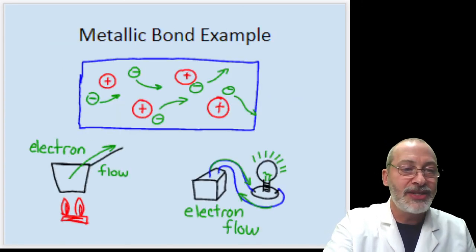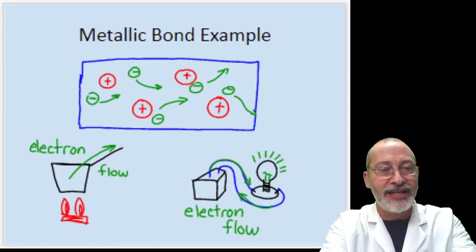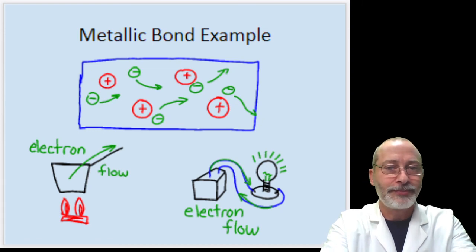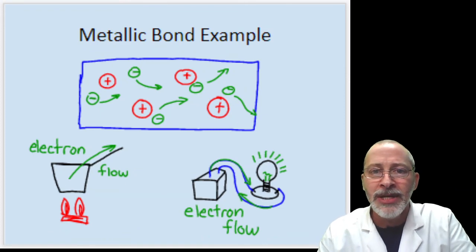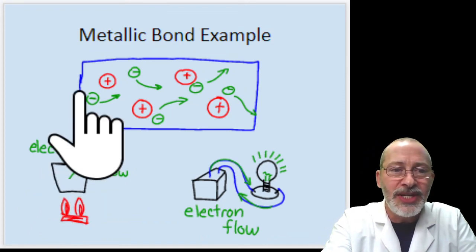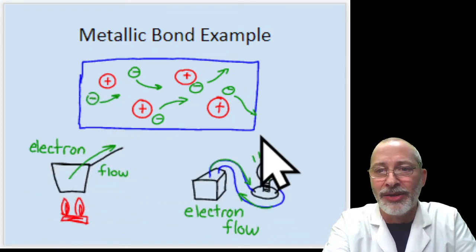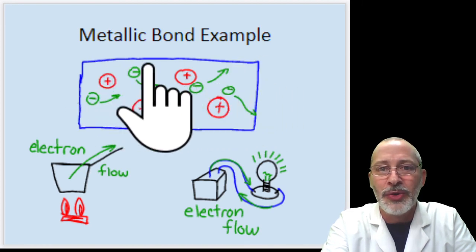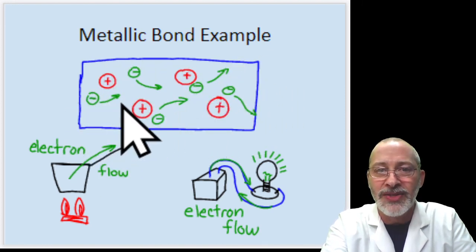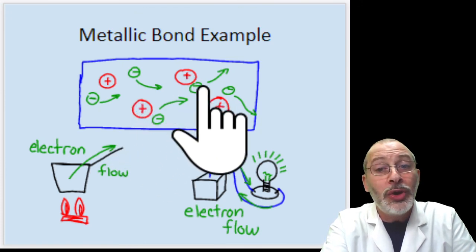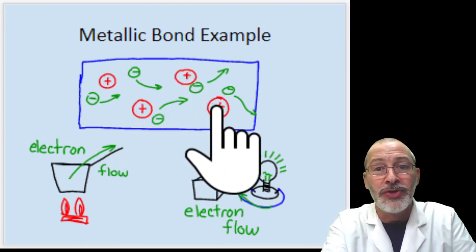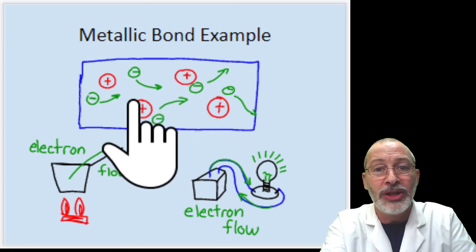Okay, let's illustrate this with a diagram here. And we're going to finish up with this diagram for today. So imagine this is a hunk of metal or something held together with metallic bonds. We've got the positively charged nuclei of atoms because of the protons in the nuclei.